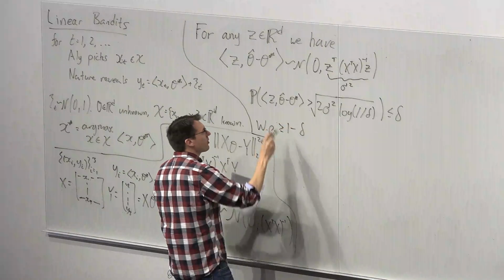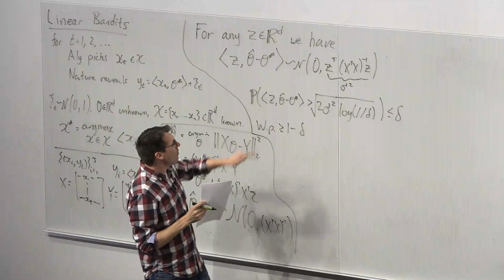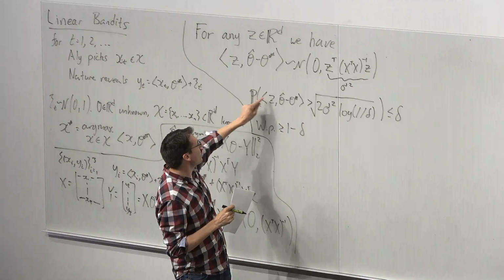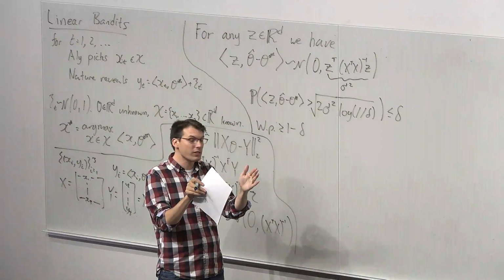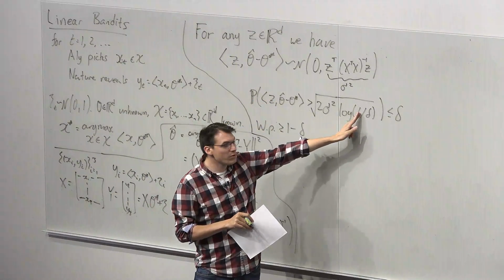1 minus delta, I'm going to do a two-sided bound. So I don't want just this, I'm going to do this and then minus this. So a two-sided confidence interval. And to do that, I'm going to put a 2 here.